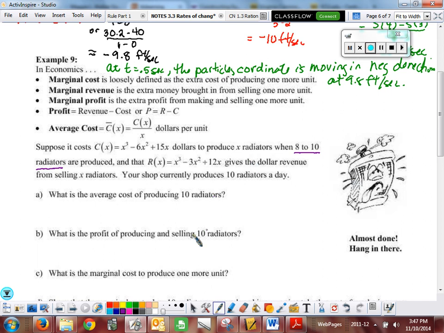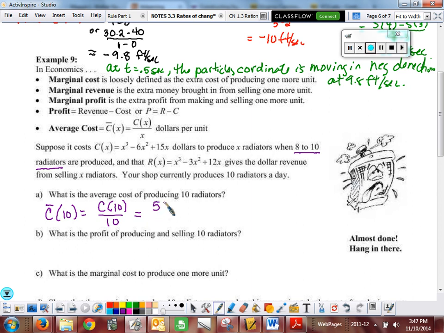All right, so I want to calculate the average cost of producing 10 radiators, which means I'm going to take the cost of producing 10 and divide by 10. It's basically a plug and chug. You plug in 10 up here and calculate it.